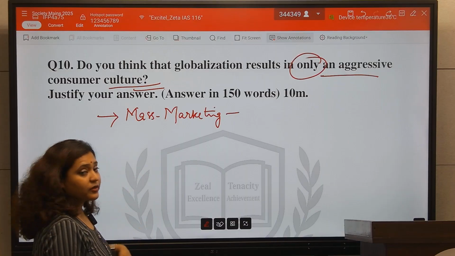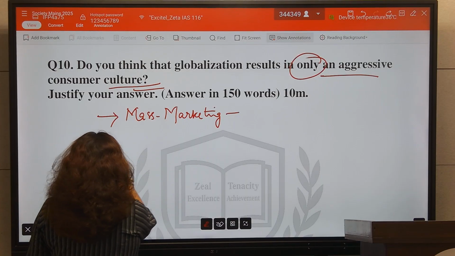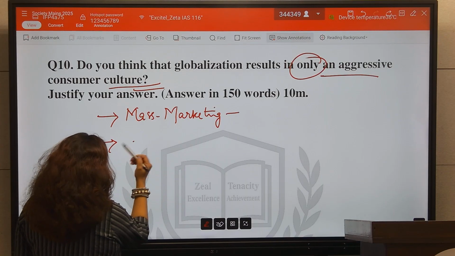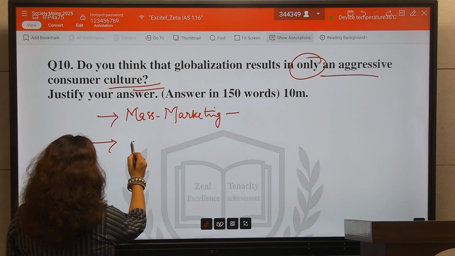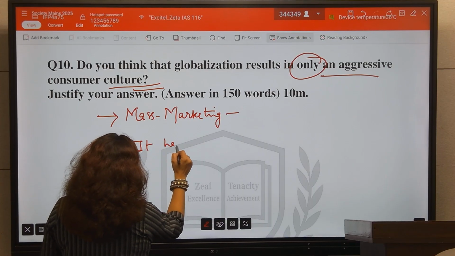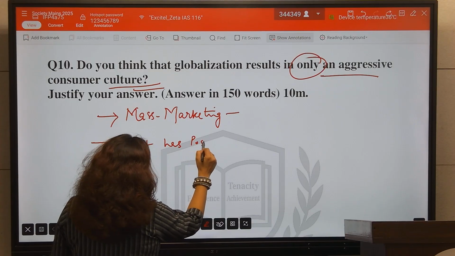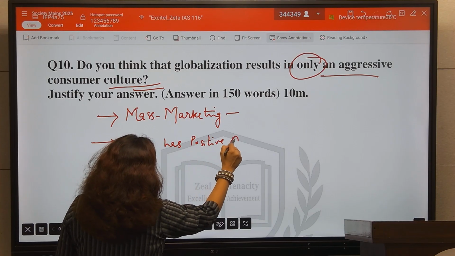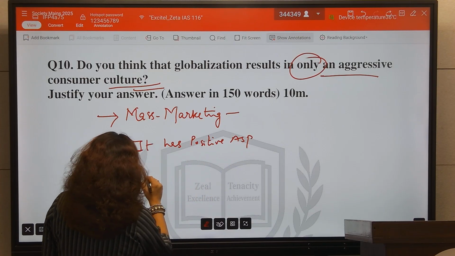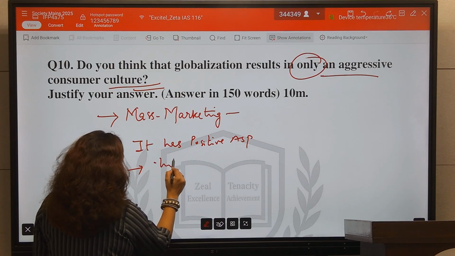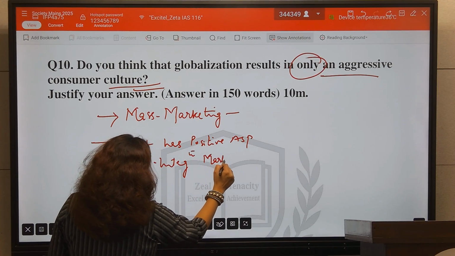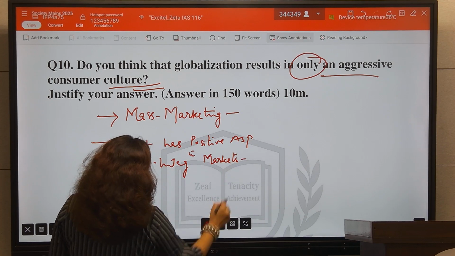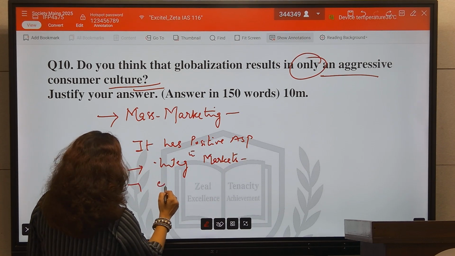But in the other part of the answer, you have to write that though it is promoting aggressive consumer culture, it also has positive aspects like integration of markets, cultural exchanges.